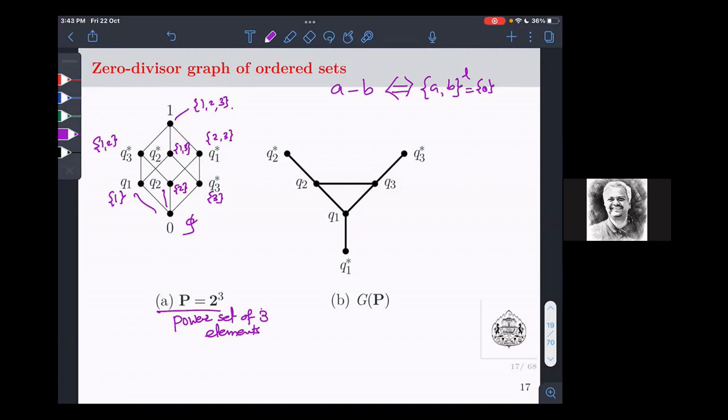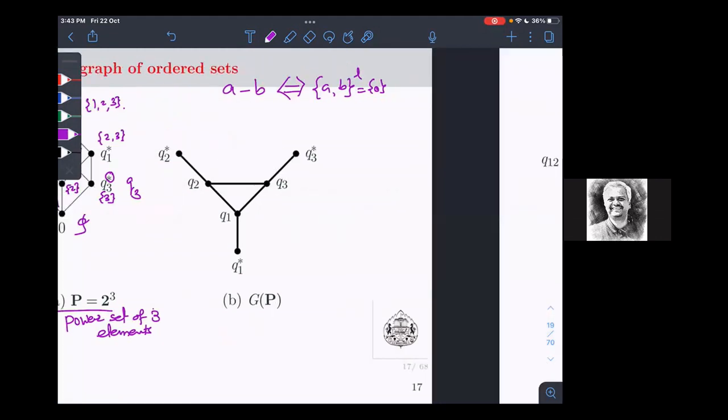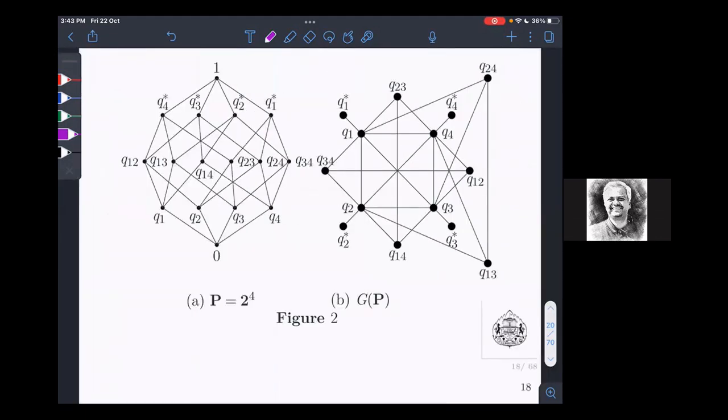Then we will say that A and B are adjacent. Okay, so that's why Q1 and Q2 are adjacent. Similarly, you can check that Q2 and Q3 are adjacent, and so on and so forth. Right here, this is Q3, not star. This is Q3. So this is the zero divisor graph, and here little bit of bigger picture I do have.